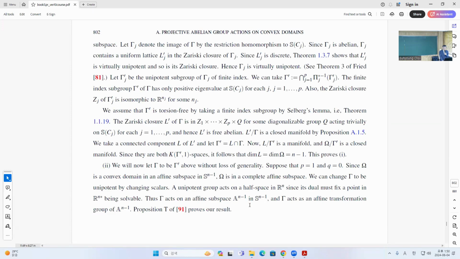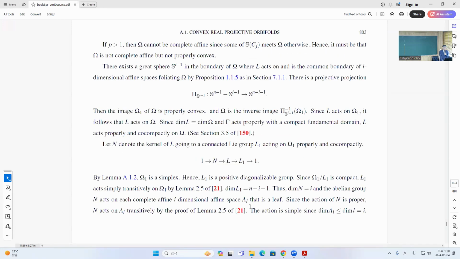So if it's unipotent and has a co-compact action. And if p is bigger than one, then omega cannot be complete affine, since otherwise it would be that. But it's properly convex. It's not properly convex either. So you get some sort of a projection. So there is some gray sphere here.